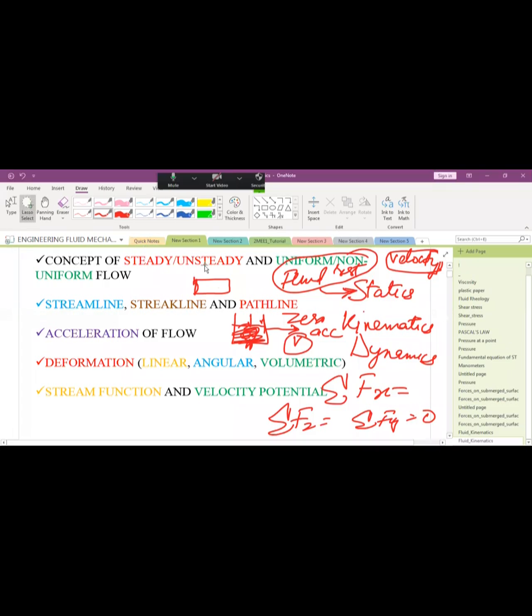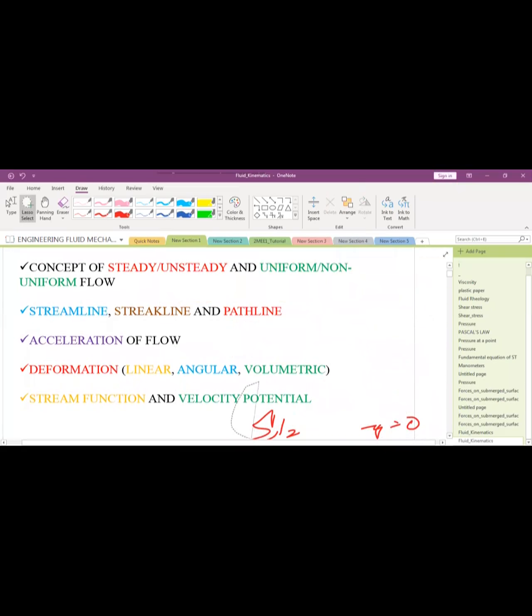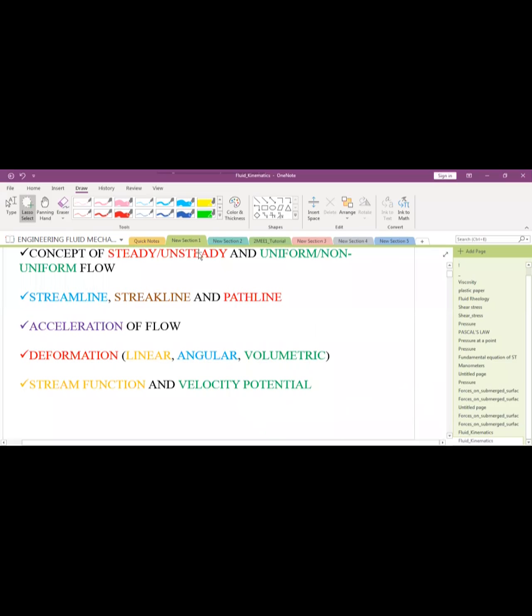Then in dynamics we deal with accelerating fluids, and acceleration does not mean rigid body acceleration, it means the fluid element itself is deforming, and it may be rotating also.